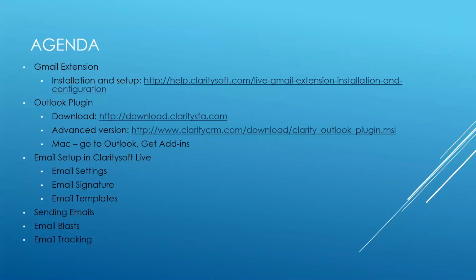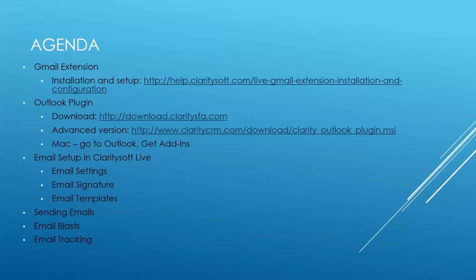We also can set up an email signature so that when you send emails out of ClaritySoft, you have your email signature in them. And creating email templates and saving them makes it easier and less repetitive.